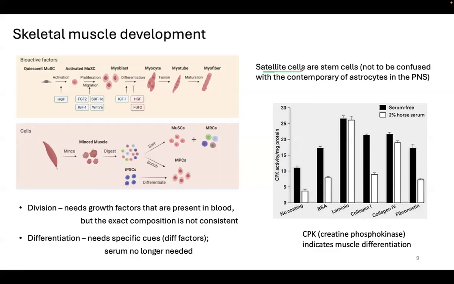I am not 100% aware of the distinction between satellite cells and myoblasts, but if I remember correctly, satellite cells are there even in your muscles at this point, but they're not going to differentiate anytime soon unless they get activated. Once they get activated, they are called myoblasts. So they are now back in their groove and they're going to divide.